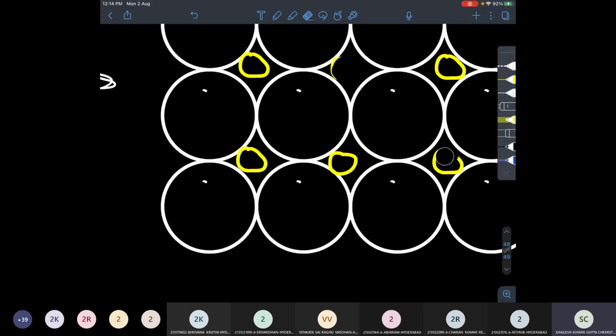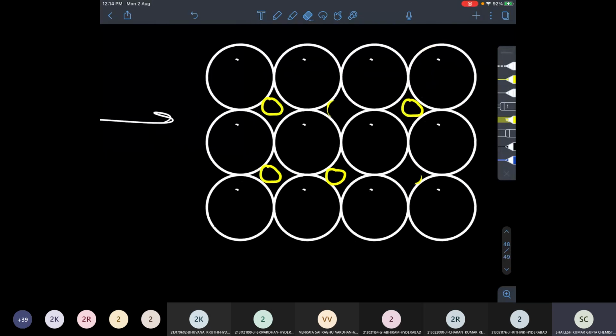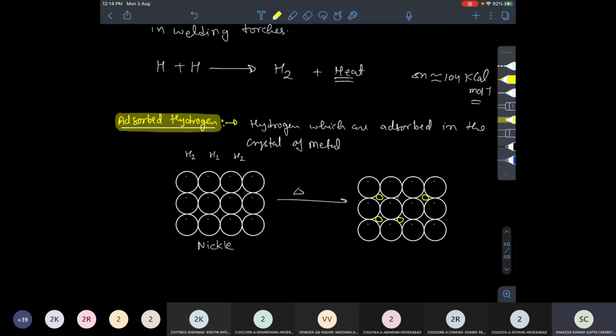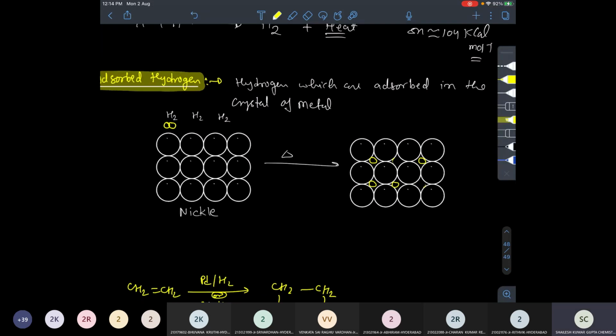That's why I don't need to make any pattern out of it. So this is the hydrogen I was talking about. One of the molecules I have shown you like that.